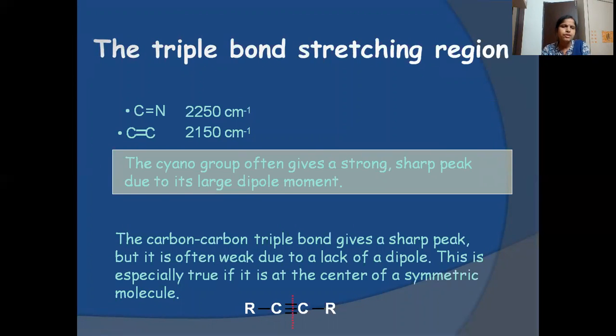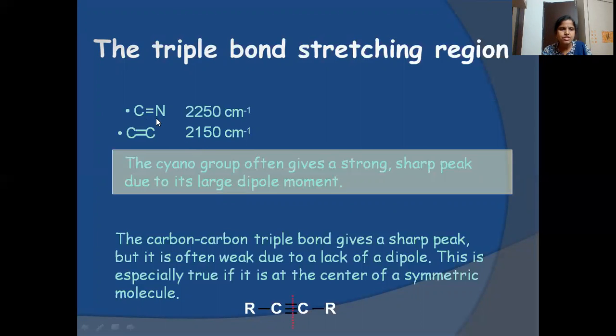Here you have to remember this frequency around 2200 is for cyano, and less than that will be C triple bond C. A cyano group will give a strong, sharp peak due to its large dipole moment.